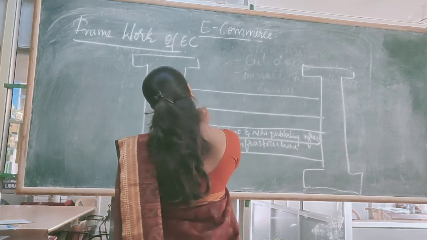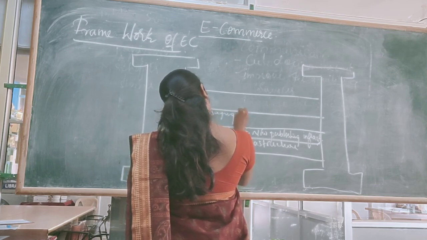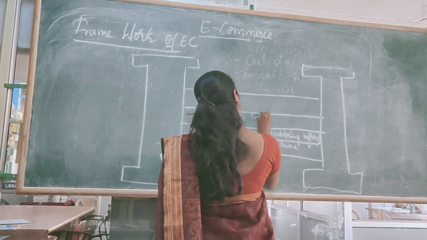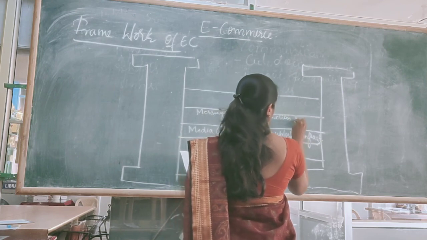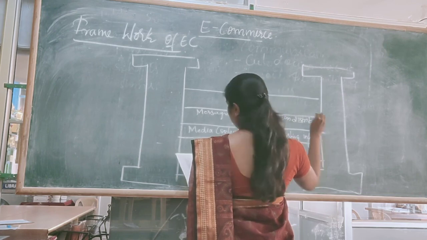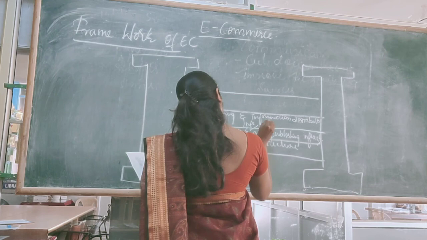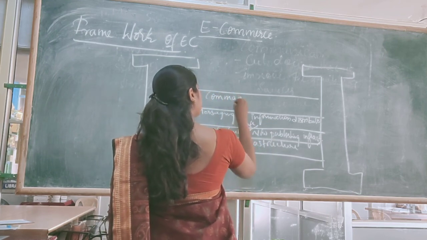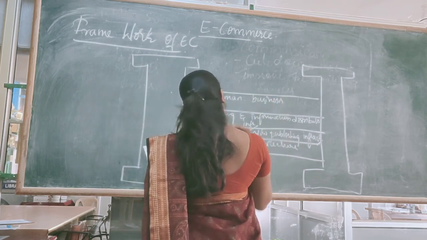And the third one is messaging and information distribution infrastructure. And the last one is common business services.